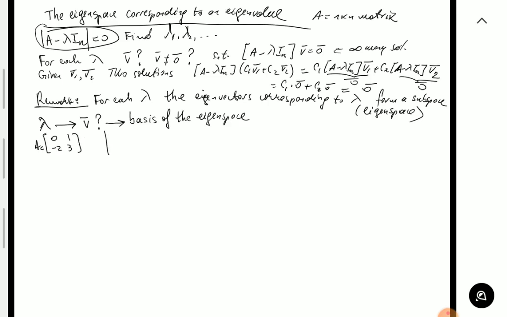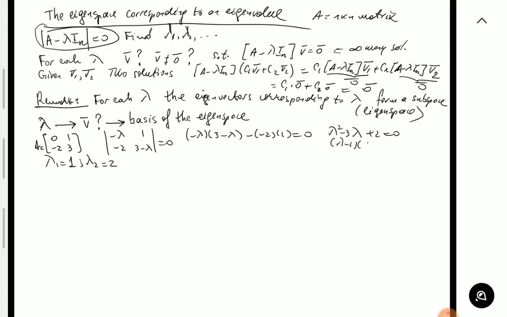The characteristic equation, subtracting lambda from the main diagonal, is this determinant equal to 0. Multiplying the diagonals gives lambda squared minus 3 lambda plus 2 equals 0. Lambda 1 equals 1, lambda 2 equals 2, because this factors nicely into (lambda minus 1)(lambda minus 2) equals 0.